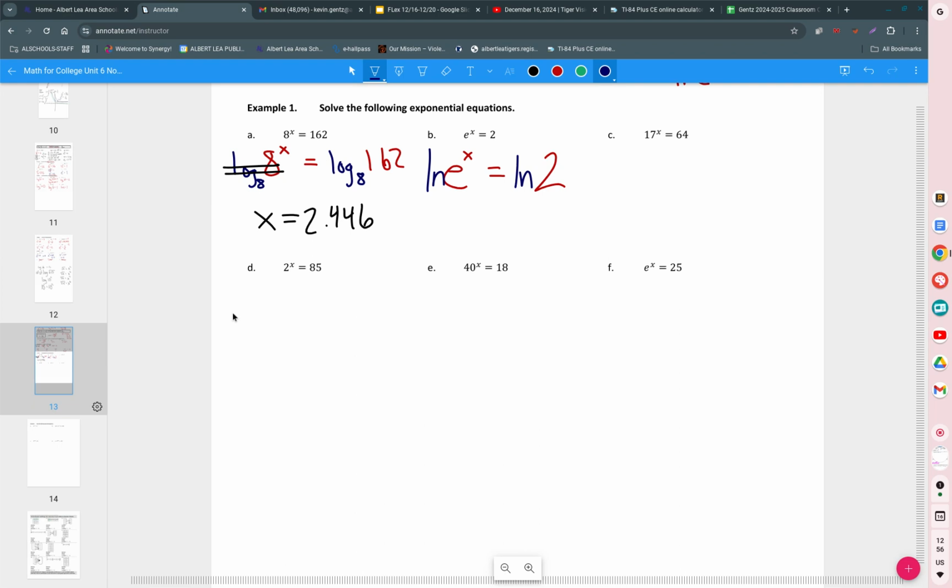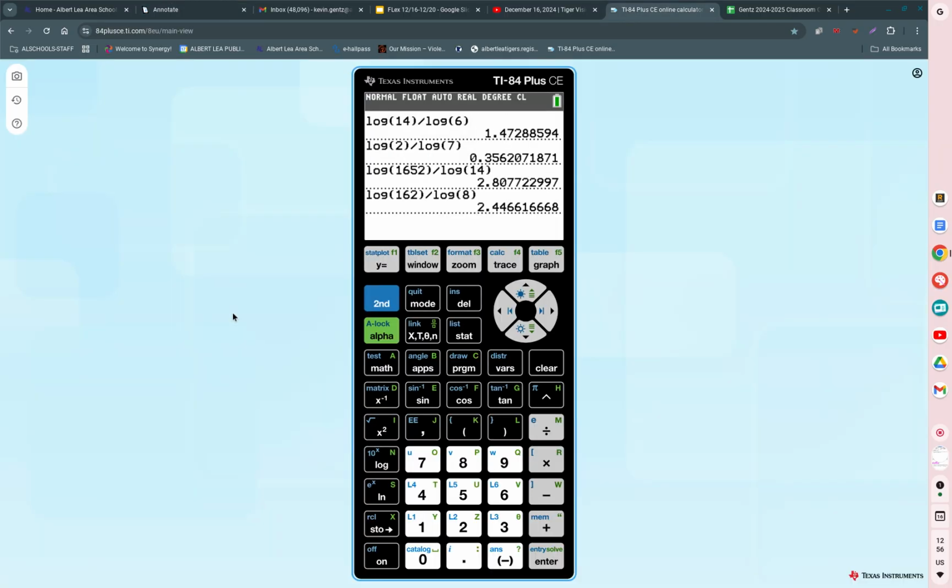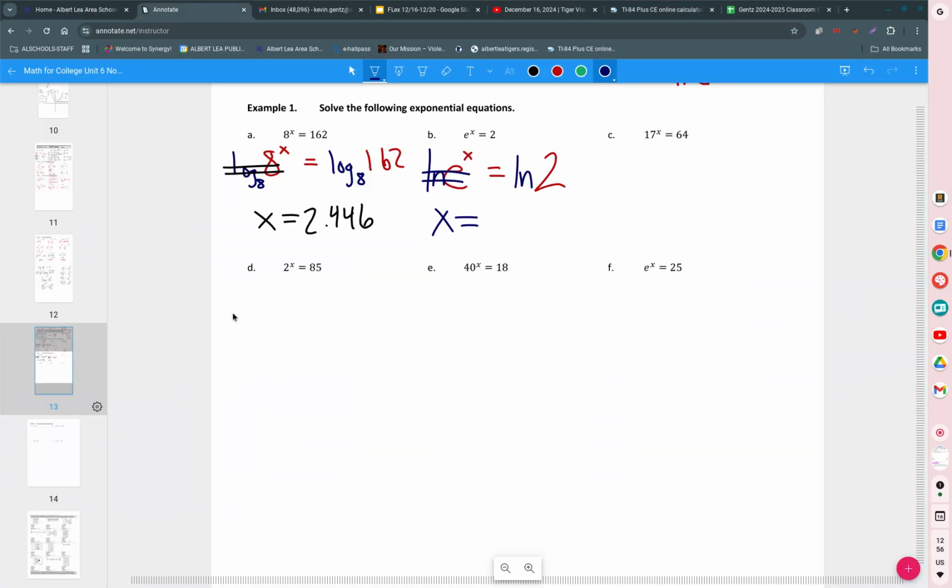Notice on the left side, I am left with simply x. On the right side, I don't have to do my change of base formula, as we call it, where you do log of 162 divided by log of 8. I have a button for natural log right on my calculator. I press natural log of 2, and I get 0.693.